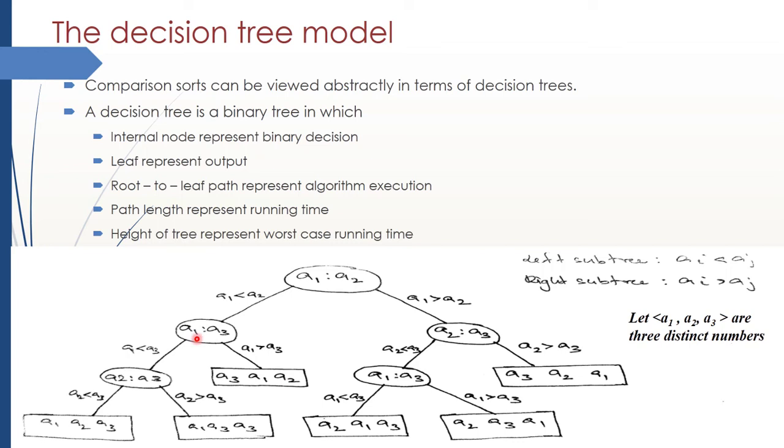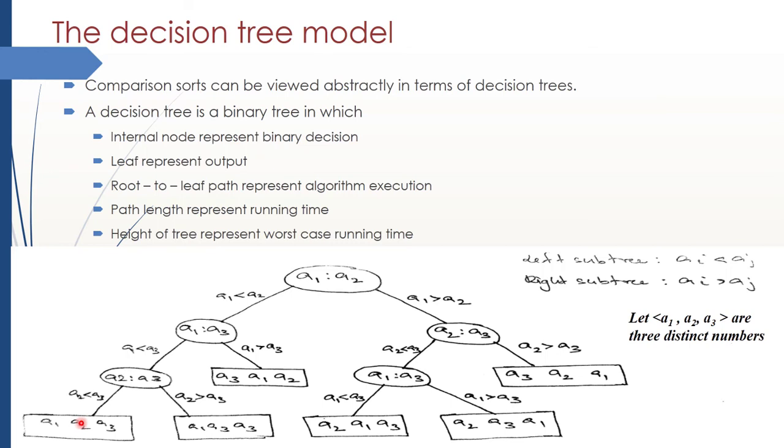Now imagine the other case. If A1 is less than A3, then I will compare A2 and A3. If A2 is less than A3, I will get this sequence. Here A1 is already less than A3, and A2 is also less than A3, so I will get A1, A2 and A3. Similarly, you can understand all other decision making.